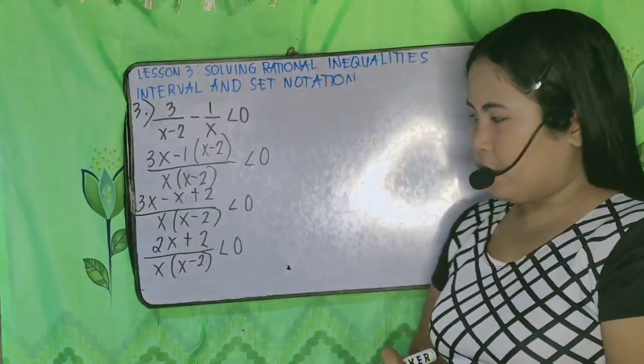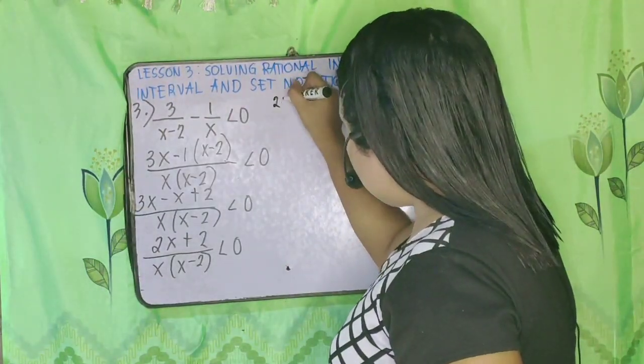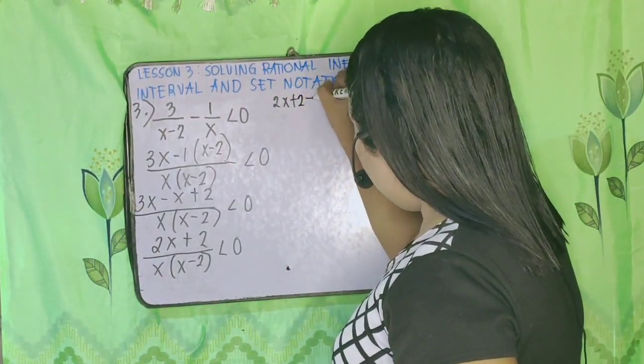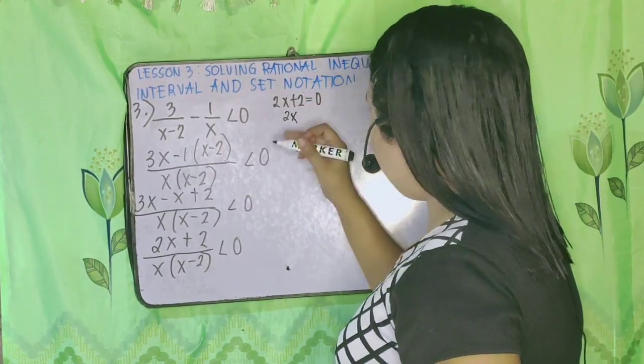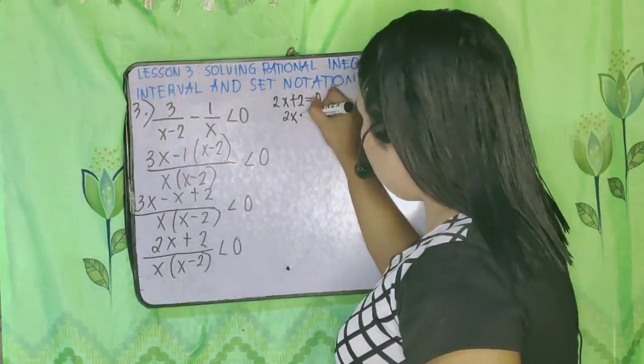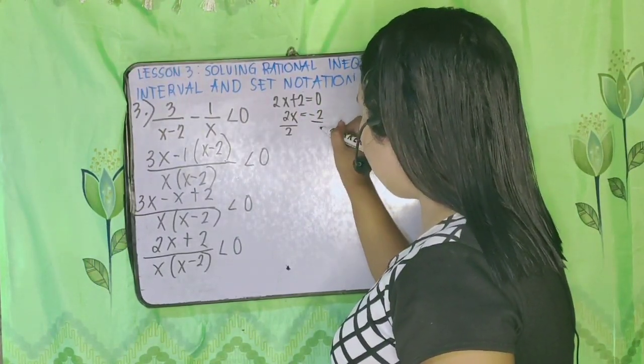Okay, so we find the factor of the numerator 2x plus 2. Equate it to 0. In here, 2x, we transpose the positive 2. It becomes negative 2. Then divide both sides by 2 to remove the number beside x.